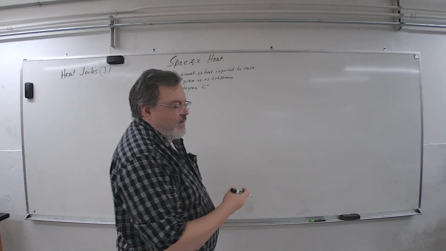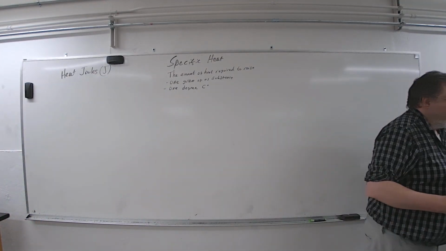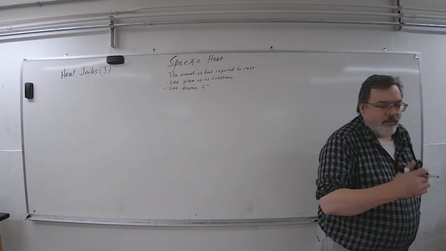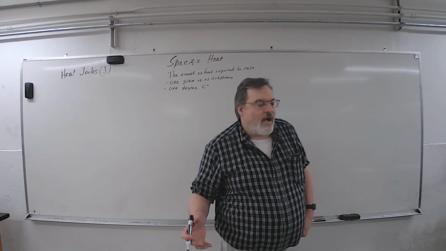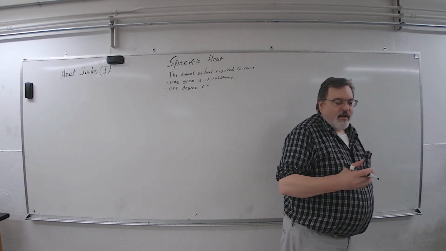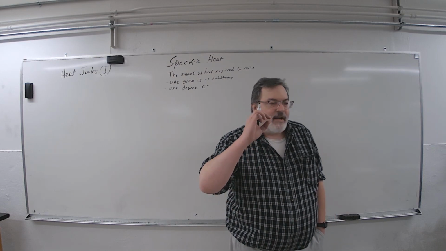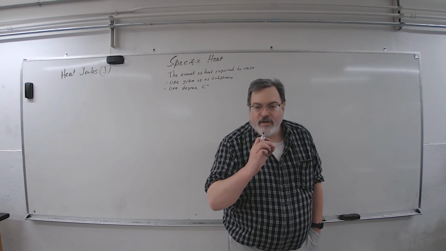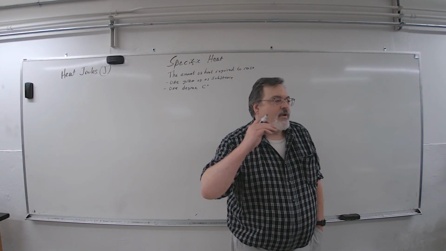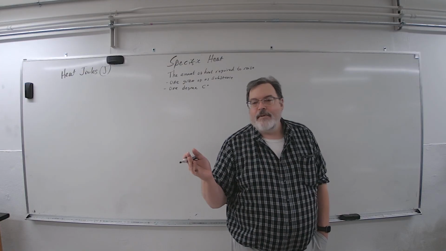It doesn't matter what it is, whether it's water or some other liquid, or a solid or a metal. If you have 1 gram of it, and you want to take it from 20 degrees to 21 degrees C, that is the amount of heat you have to put into it to make that happen.